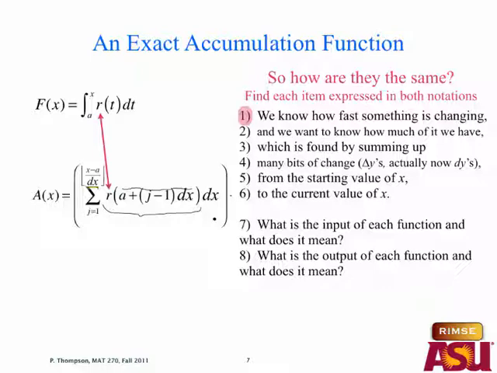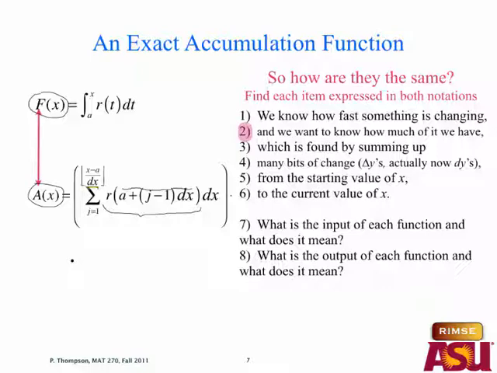Okay? We want to know how much of it we have. Where does that show up? It's the whole thing. It's the output. Okay? So, in fact, I shouldn't have pointed at the name. I should have pointed at this whole thing here. So the output of these functions is how much of it we have.